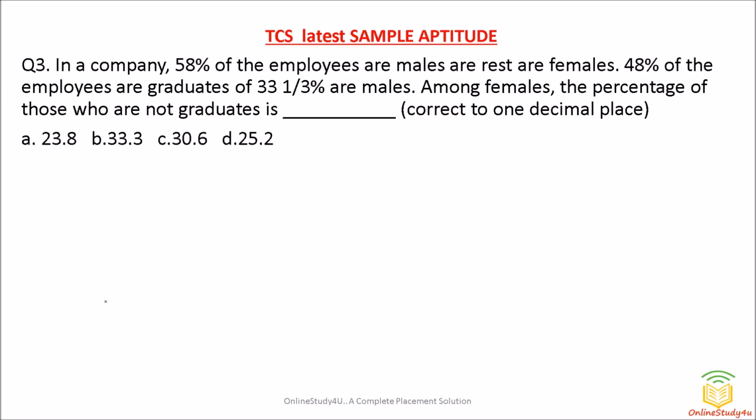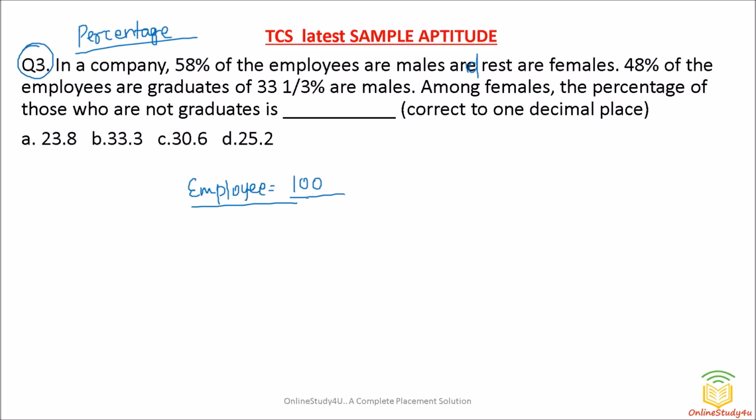Now friends, question number 3 is a question from the percentage topic. So let us see how we can solve it easily. In a company, 58% of the employees are male and the rest are females. So suppose the total employees in the company is 100.